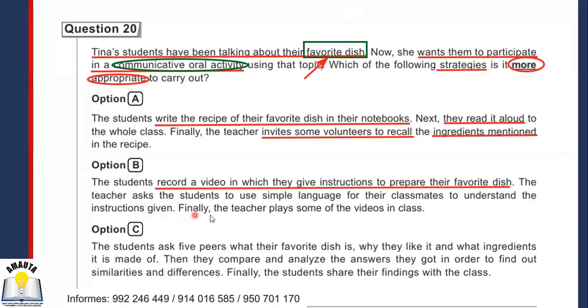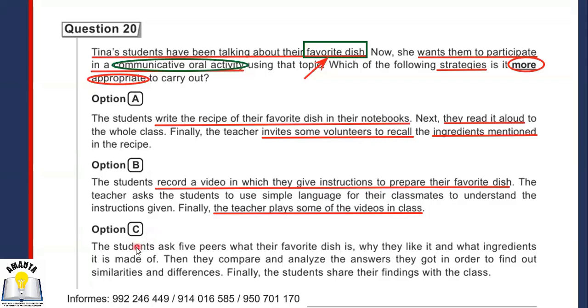Finally, the teacher plays some of the videos. Do we have real interaction here? Is it communicative? Think about it. Then we have option C, the third strategy.